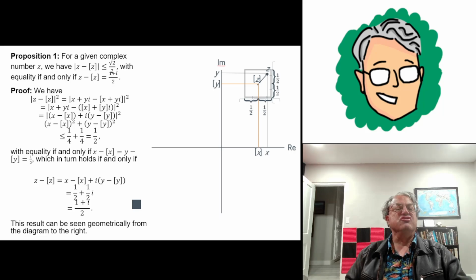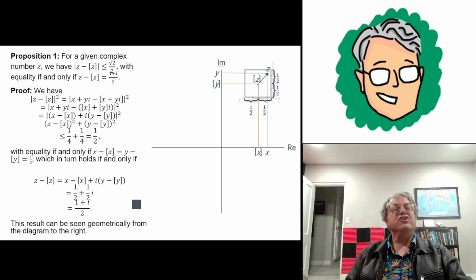It's the Gaussian integer that's closest to z. I think that's pretty easy. But graphically, it's pretty easy to see. If you make a graph, here's a little square I drew. So z is this dot that's not in the center of the square.